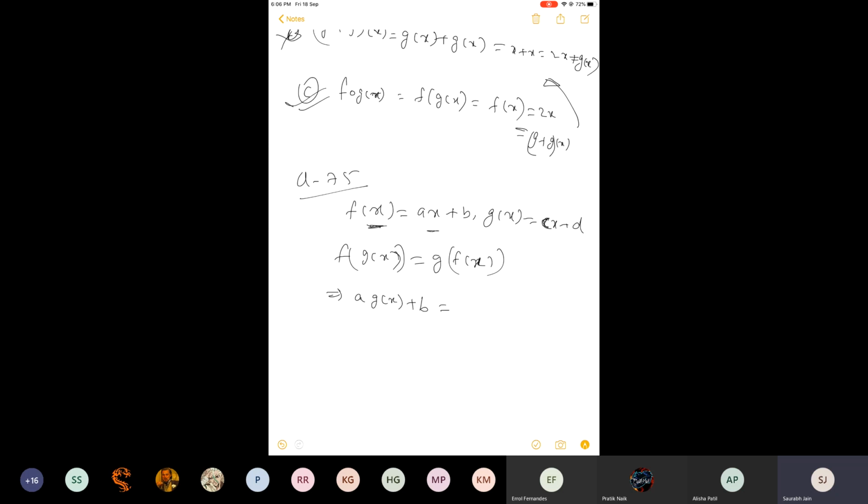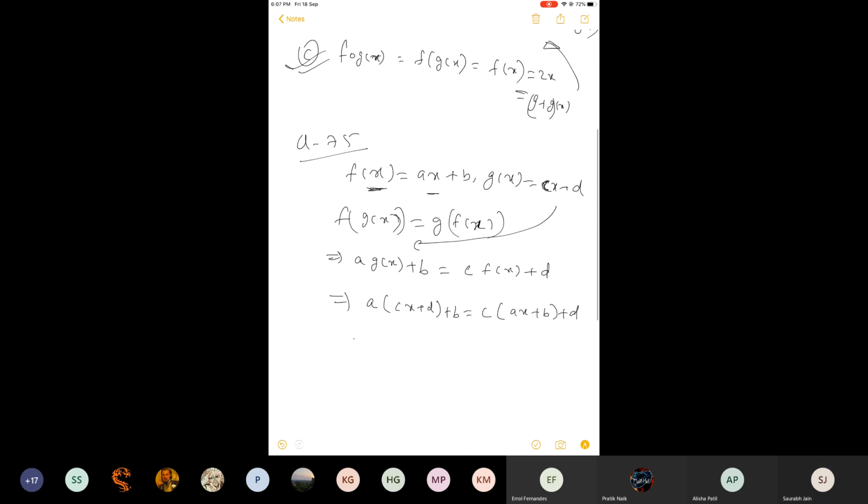And g of fx means I'll put fx here. In place of gx, I will write cx plus d, and in place of fx I will write ax plus b. So this is how much? acx plus ad plus b equals acx plus bc plus d.